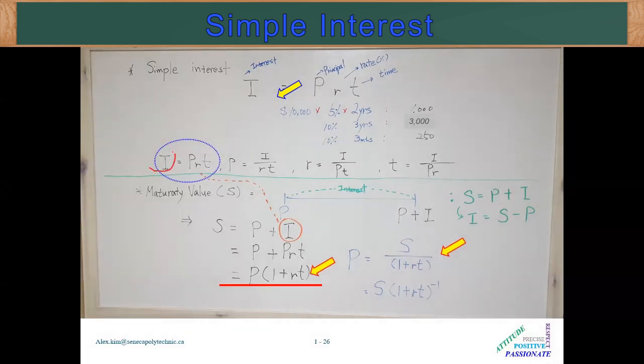If interest equals principal times rate times time, we can write principal plus interest as principal plus principal times rate times time. So S equals P(1 plus RT). In order to calculate maturity value, we need present value, and then rate and time.